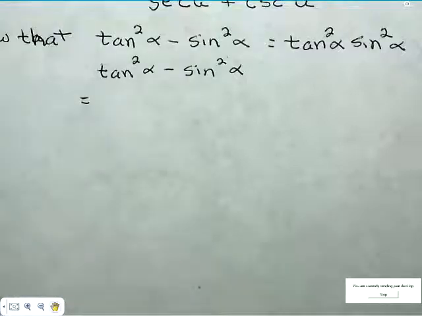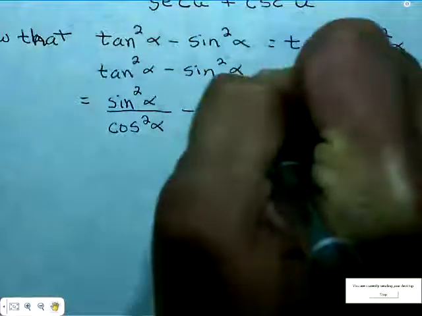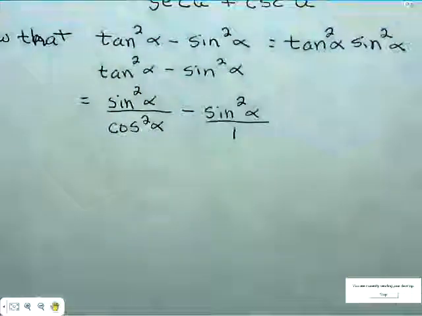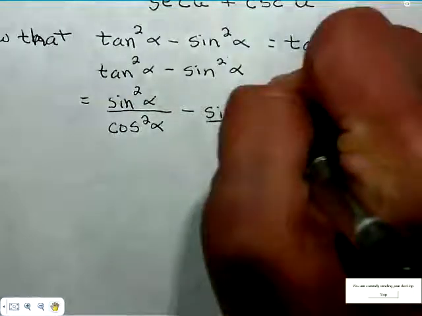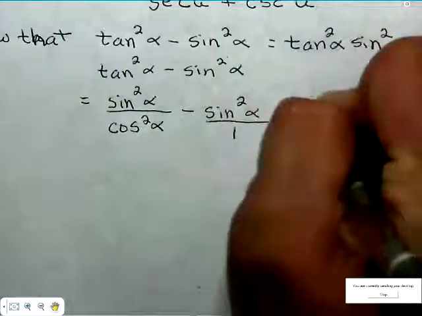All right, so sometimes you just have to write down something. No, I'm not going to have a cube. That's good. I try to avoid the cubes. To get a common denominator, I'd have to multiply the second fraction by cosine squared over cosine squared.